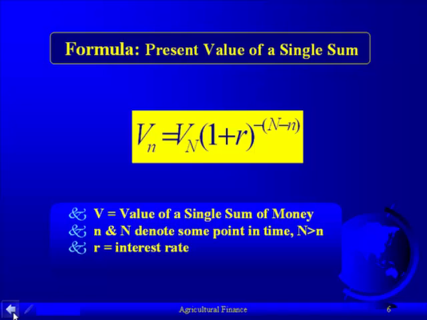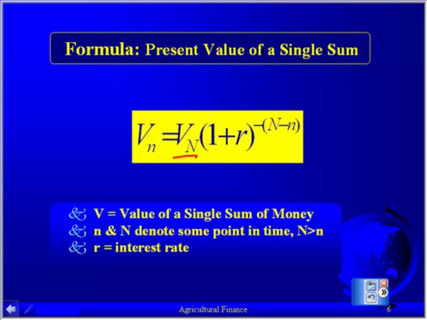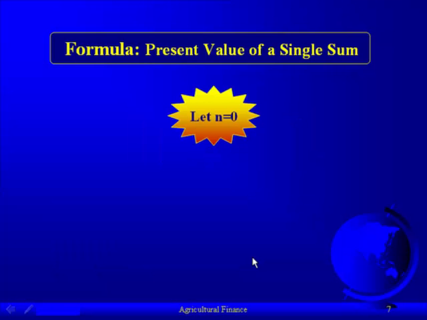Okay, the general formula: we're taking some future sum of money, this V with the subscript capital N. We're multiplying that by 1 plus the interest rate to the power minus, and notice that we have the big N minus the little n, where big N on the timeline is some future period of time relative to the little n. Again, this equation can be simplified.